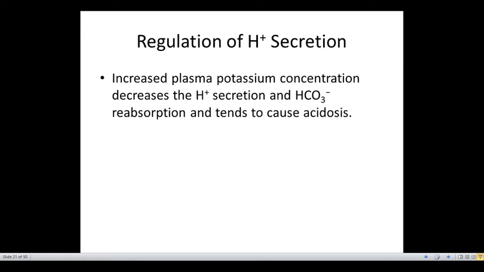On the other hand, increased potassium concentration, that is hyperkalemia, decreases hydrogen ion secretion and bicarbonate ion reabsorption and tends to cause acidosis.